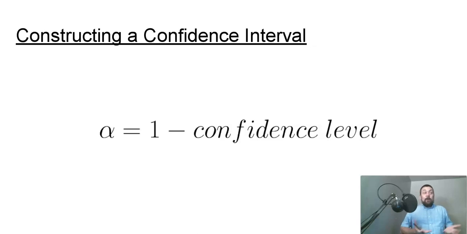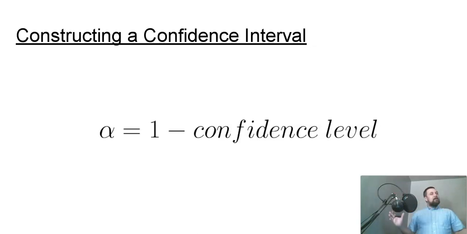Now, a good question to ask is, well, why not 100%, right? Why wouldn't you just go for 100% confidence so that you know you're absolutely not wrong? Well, the thing about these confidence levels is the more confident you want to be, the wider your net has to be. You have to cast a wider net in order to be more confident that your estimate contains the actual value.